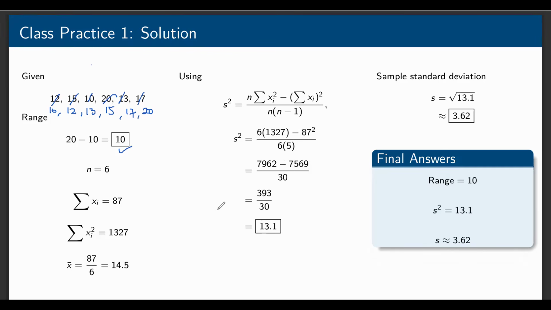So that's the sample variance, s squared. The sample standard deviation s is given as the square root of 13.1, which is 3.62. So we have our range to be 10, sample variance 13.1, and then sample standard deviation is 3.62.